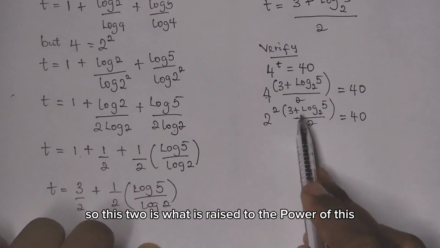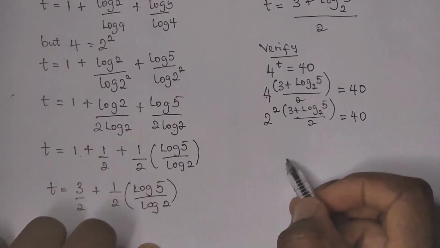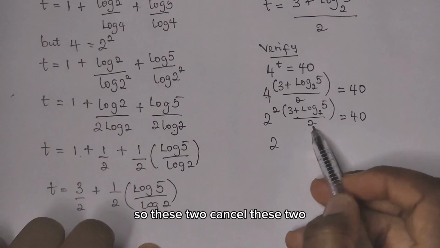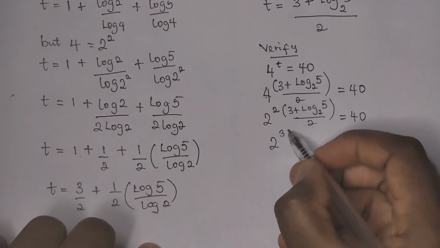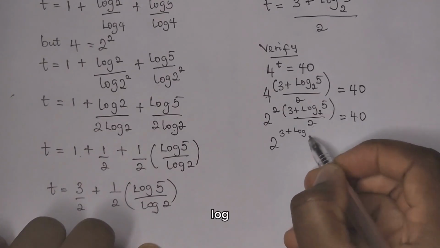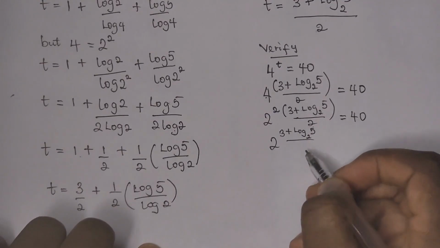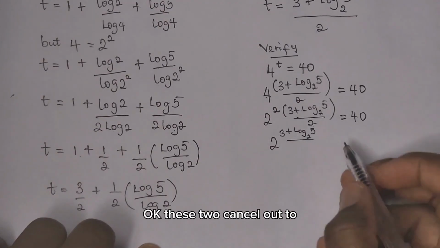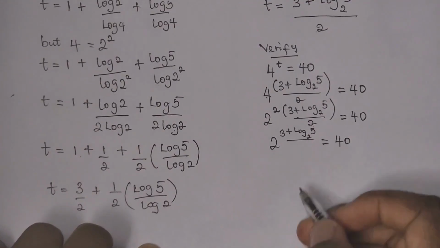So this 2 is raised to the power of this, so these 2 cancel this 2. We have 2 to the power of 3 plus log to the base 2 of 5, equal to 40.